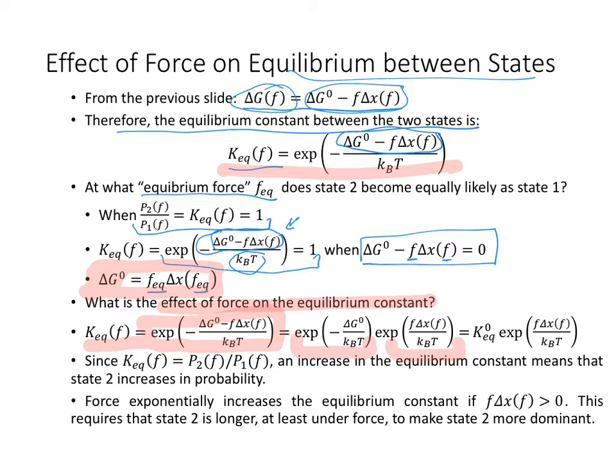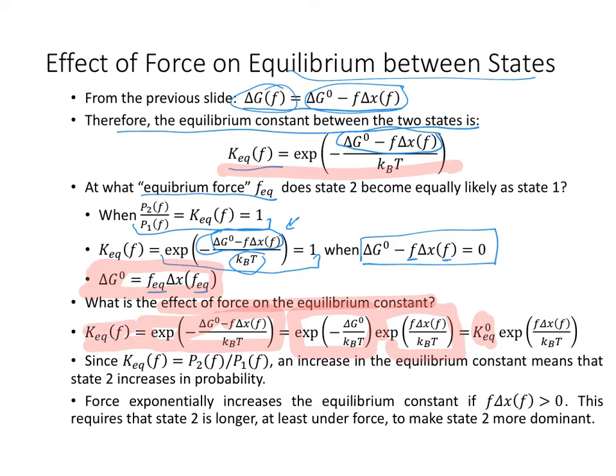So this is the exponent of minus delta G naught, and then the minus and the minus make a plus, so this second one's a plus. But we might remember that the exponent of the negative delta G naught over kBT, the thermal energy, was just the definition of the equilibrium constant without force.